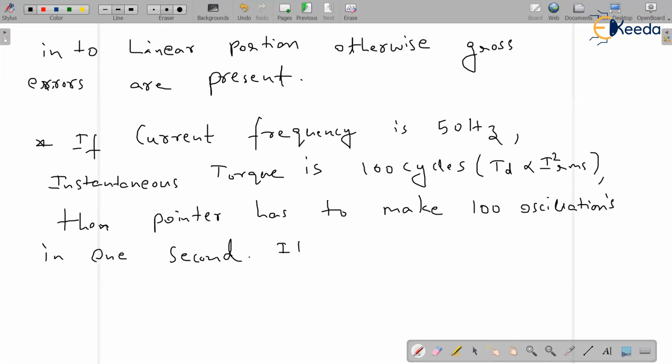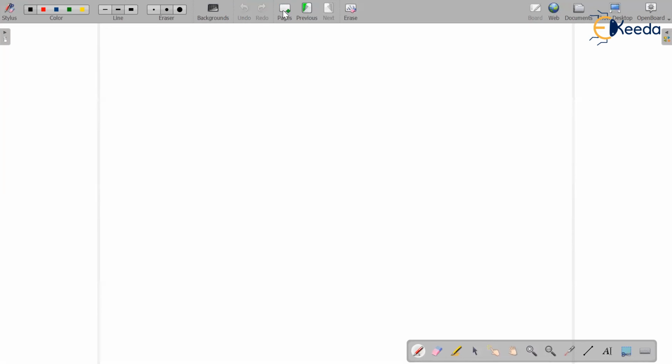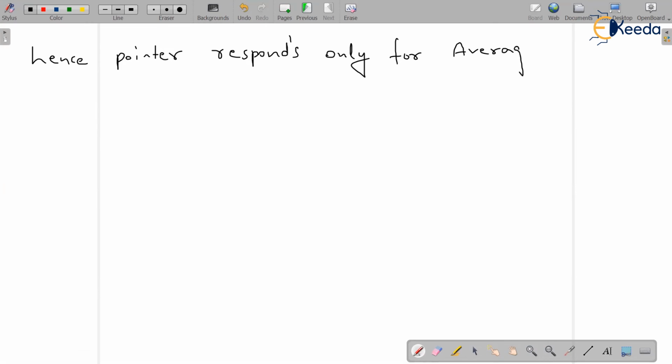It's not possible practically, hence the pointer responds only to average torque.